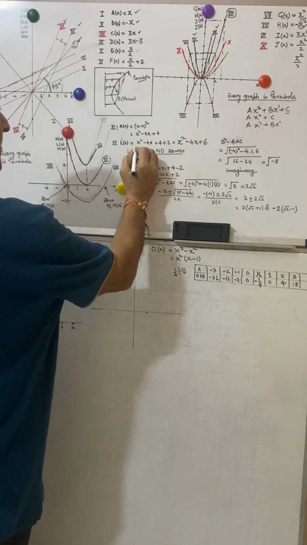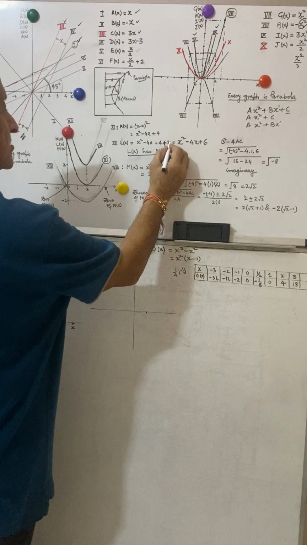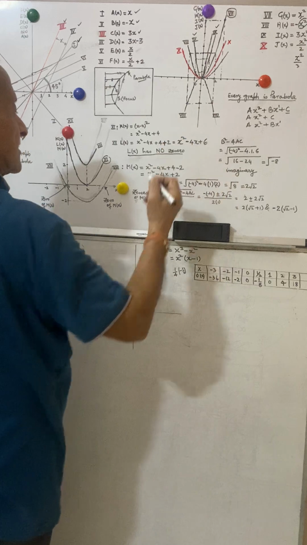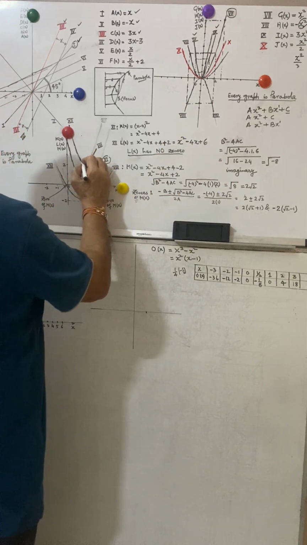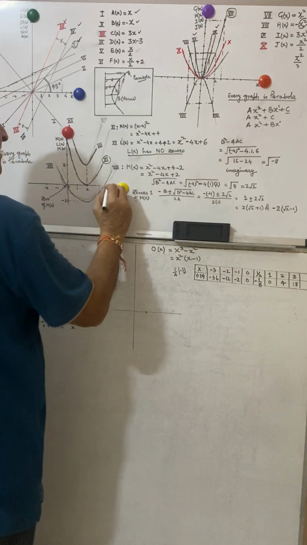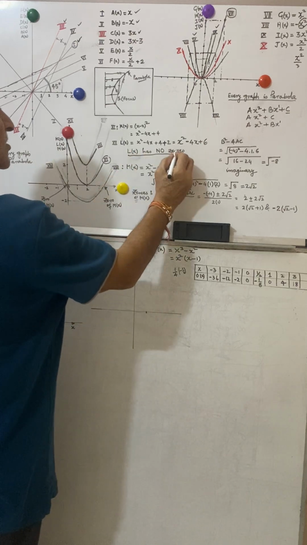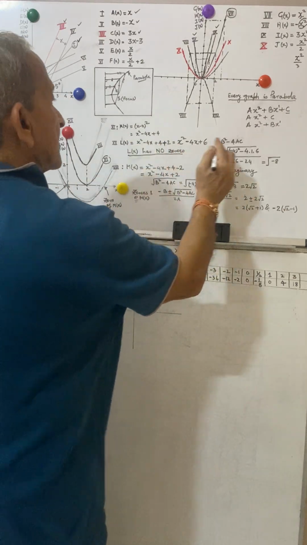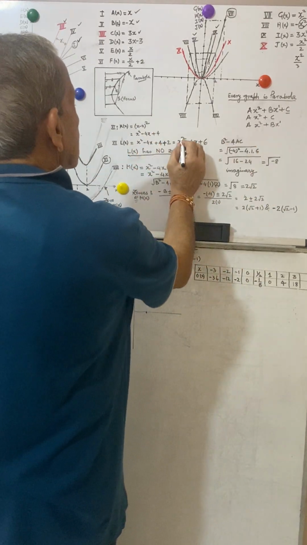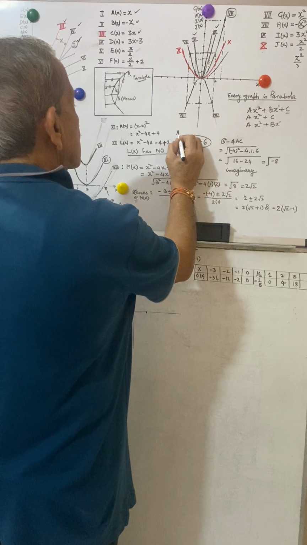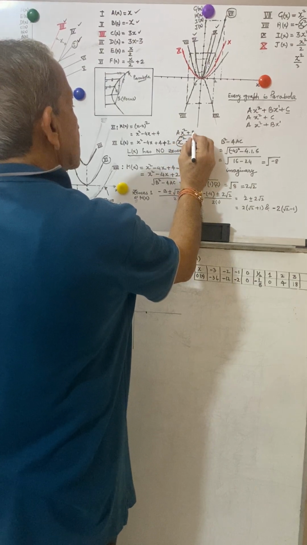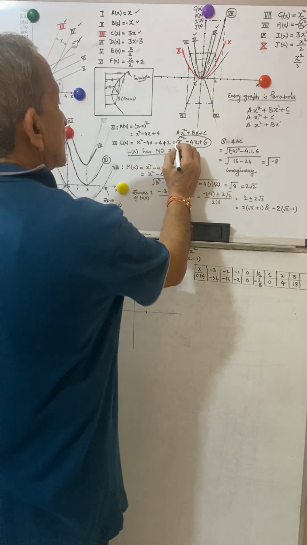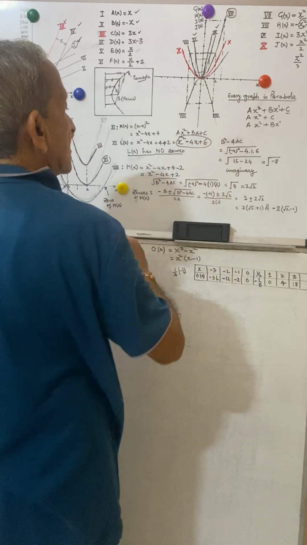What about this? Just add 2 to this, the previous value. It is x square minus 4x plus 6. Its plot will be this. It is not cutting the x-axis, so it has no zeros. Why? Just compare this equation with ax square plus bx plus c, and find out the values of a, b, and c. a is equal to 1, b is equal to minus 4, c is equal to plus 6.